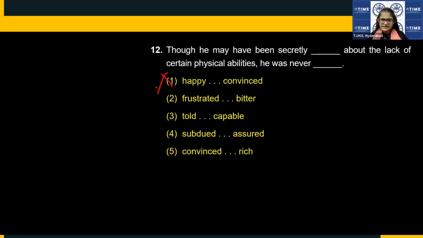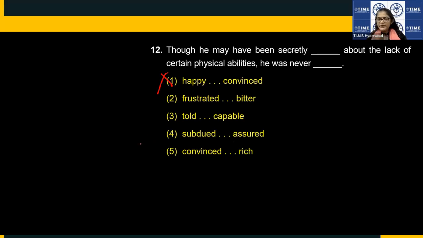Doesn't make any sense. He may have been secretly frustrated about the lack of physical abilities. Makes sense. He was never bitter. Okay, to be bitter is to be full of negativity. So secretly he may have felt some frustration, but that bitterness never showed. Okay. He may have been secretly told about the lack of certain physical abilities.